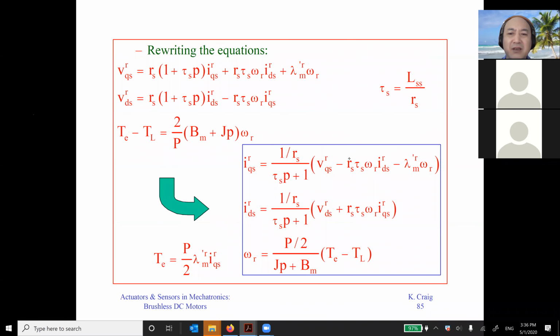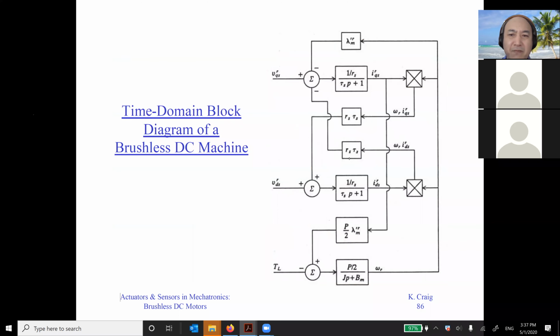In the end, we lump everything into Q and D. D is my stator, and Q is my rotor axis. With this type of connection, we can eventually talk about the voltage in here, and how it contributes back to this torque.